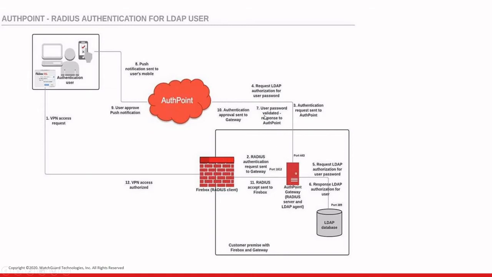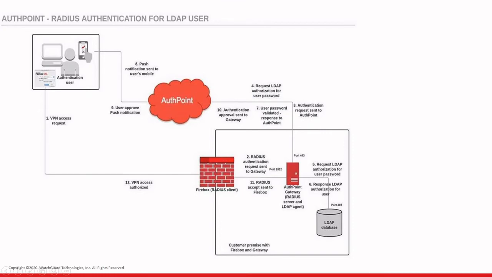Once this user password is validated and the response is sent to AuthPoint in the cloud, the next step is to push the notification to the end user. The end user is going to approve. Authentication approval is sent to the gateway. The next step is that RADIUS sends the accept to the Firebox, and then the VPN access is authorized.